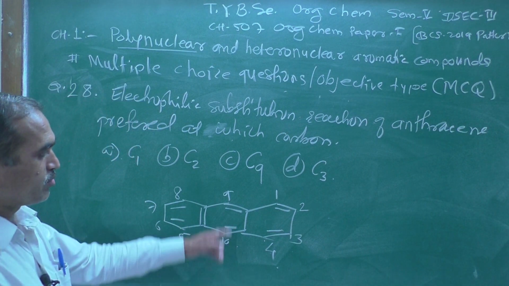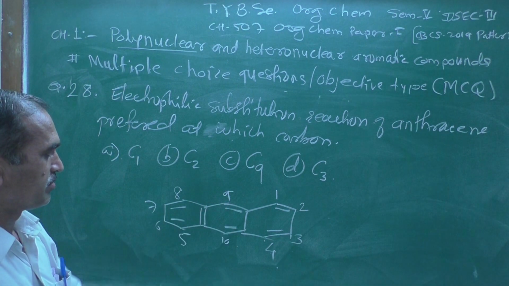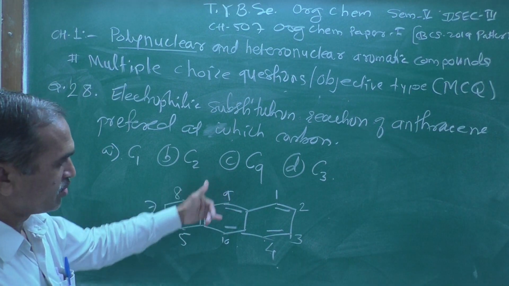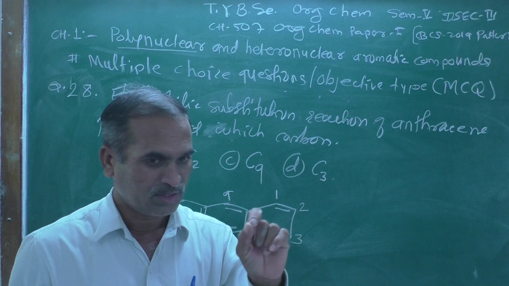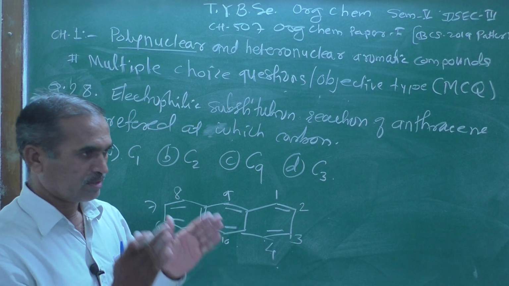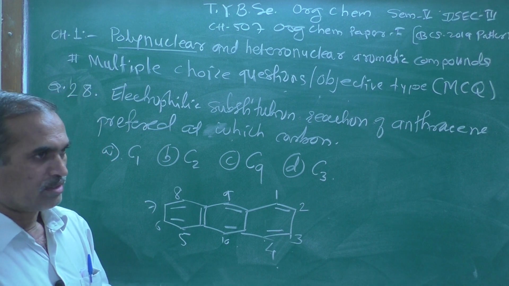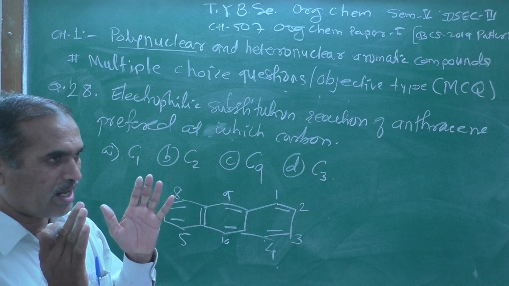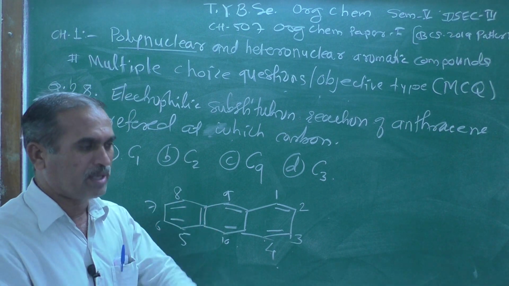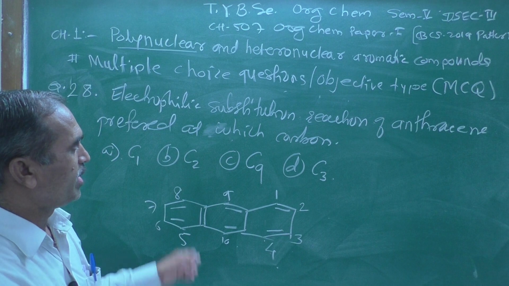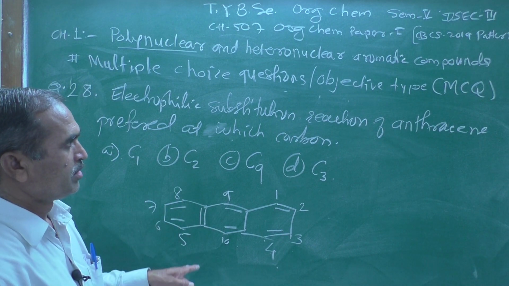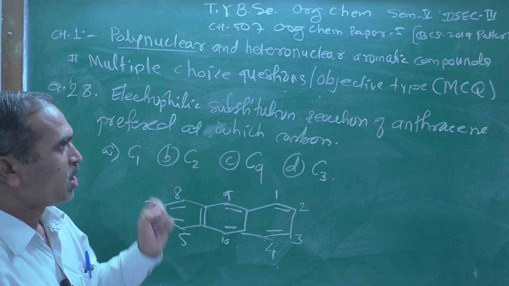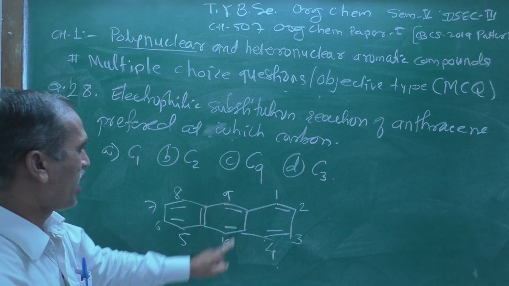Generally electrophilic substitution reaction occurs at either C9 or C10 because both have an equal or identical chemical environment around them, and therefore the electrophilic substitution occurs preferentially at the C9 position.